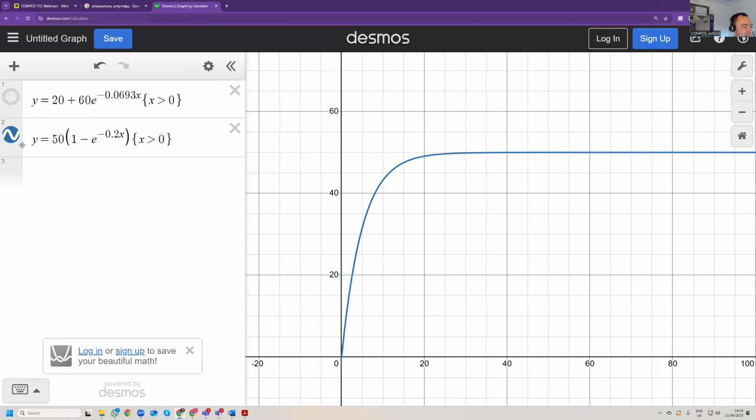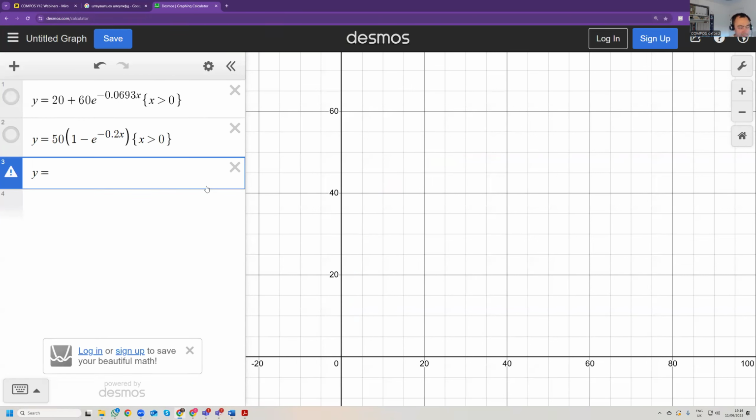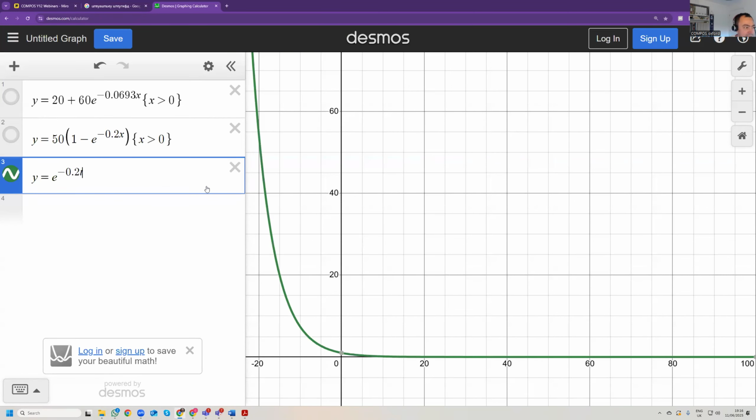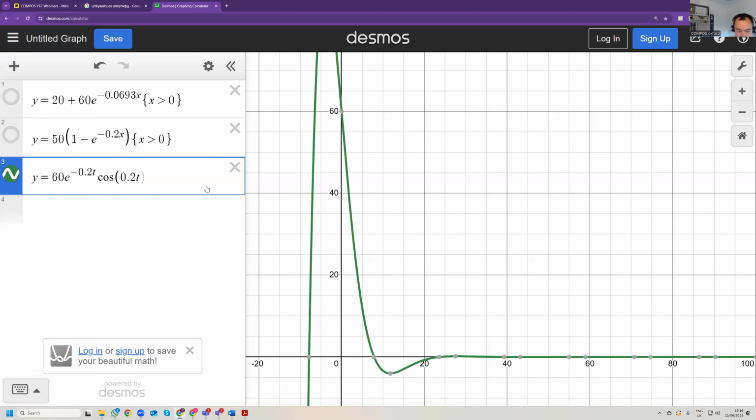Let's play around with some graphs. So y equals e to the power minus 0.2t. Too steep, 0.002. No, too small. Multiplied by 40, 60, multiplied by cos 0.2t.